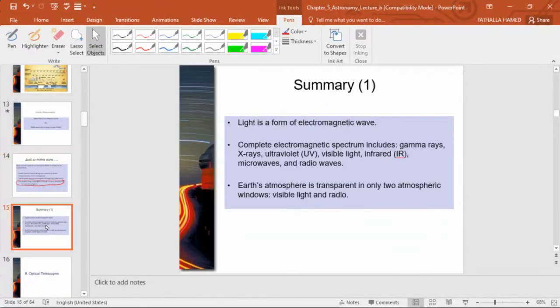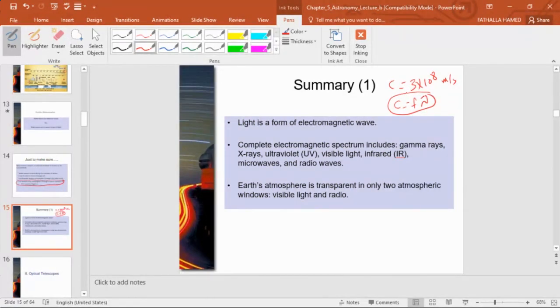So I'll try to summarize this first part here. Light is a form of electromagnetic waves. And of course, we talked about the speed of light, and we said it's equal to 3 × 10⁸ meters per second. And we said this speed of light is equal to frequency multiplied by wavelength.